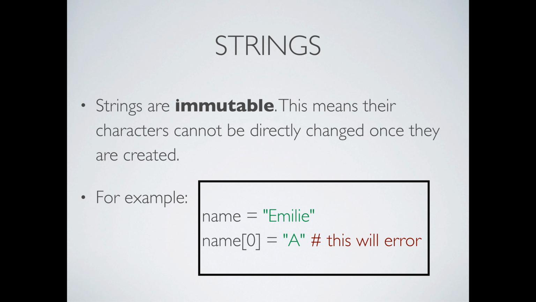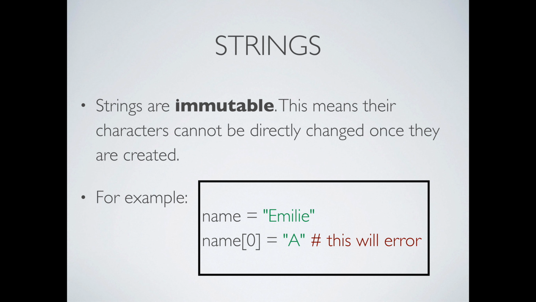So the individual elements in the string cannot be directly changed once you create the string. So what I mean by this is if you have a string, let's say in this case, for example, we have a variable named name, and in that variable we have a string, which is my name, as you can see.